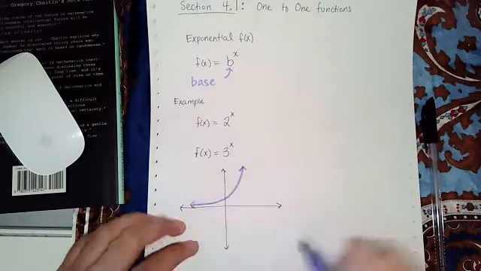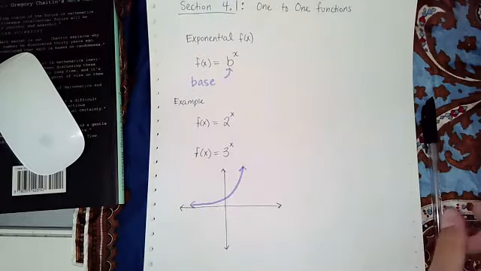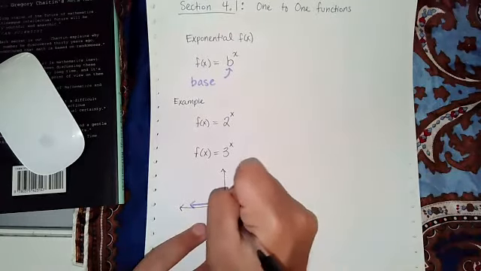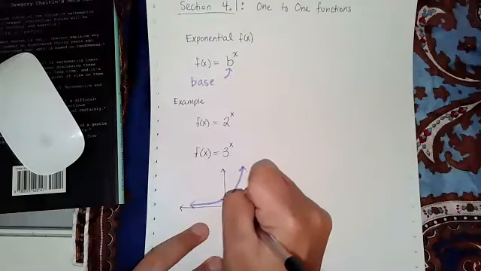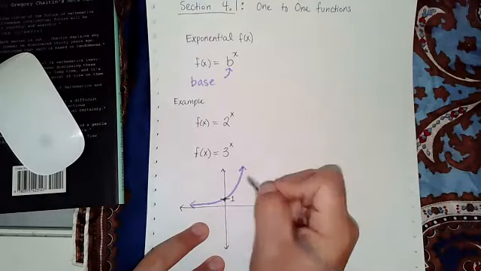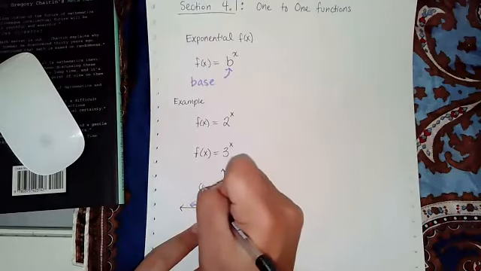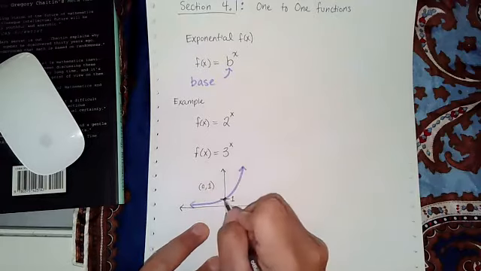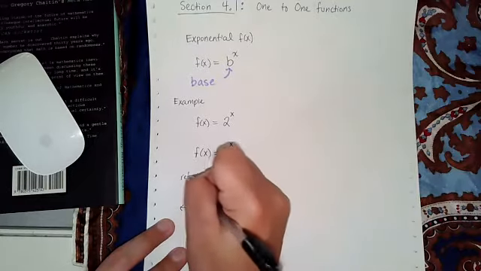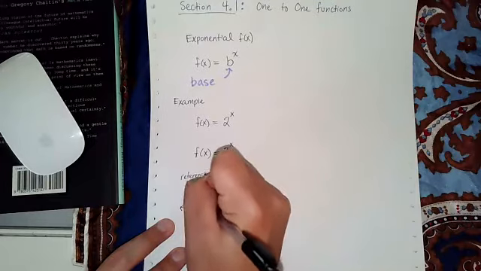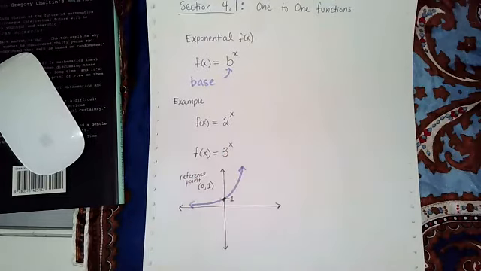So this is the general shape for an exponential function. The parent function tends to cross right here at 1. So this point could be located at 0, 1. That's going to be sort of our reference point for exponential functions.